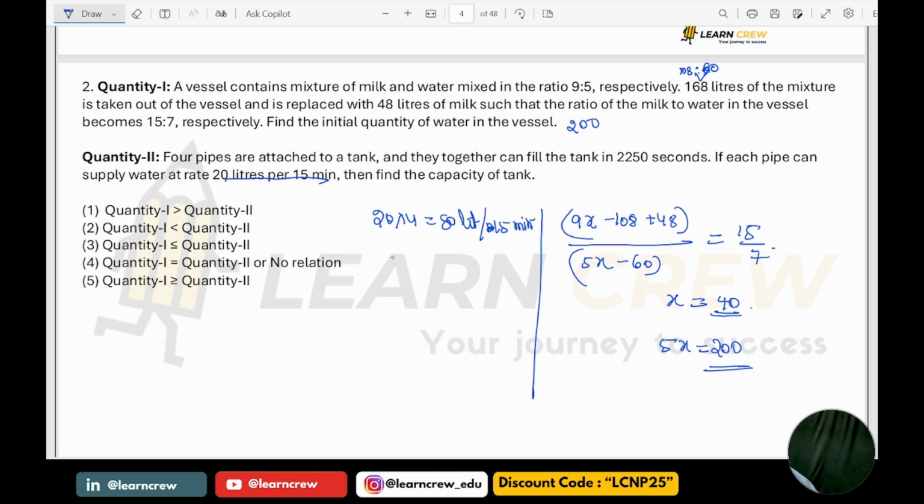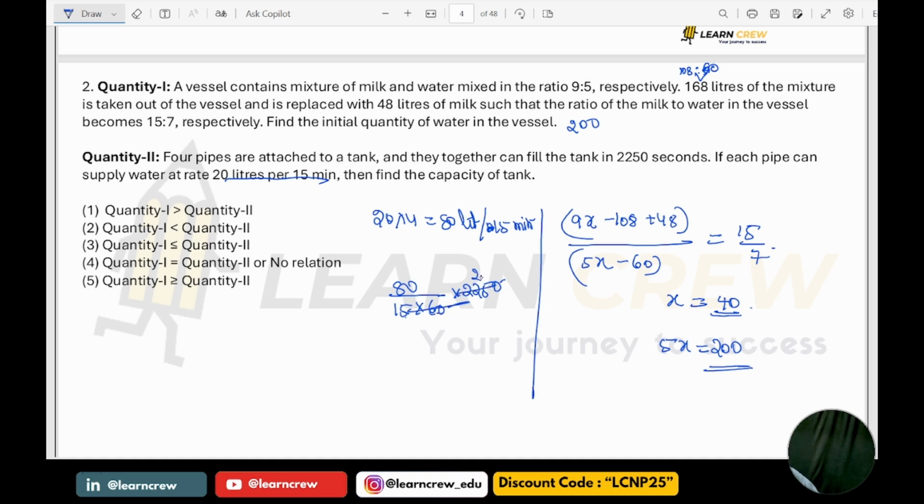And see here, the capacity of the tank would be how much? The 4 pipes together fill the tank in 2250 seconds. So 80 by 15 into 60 into 2250. 80 by 15 into 60 is 900... 900 into 2.5.